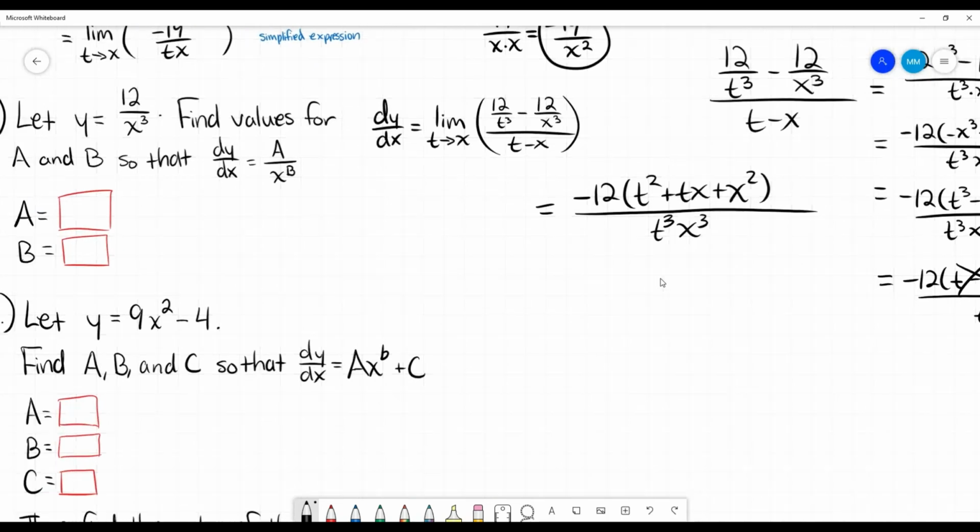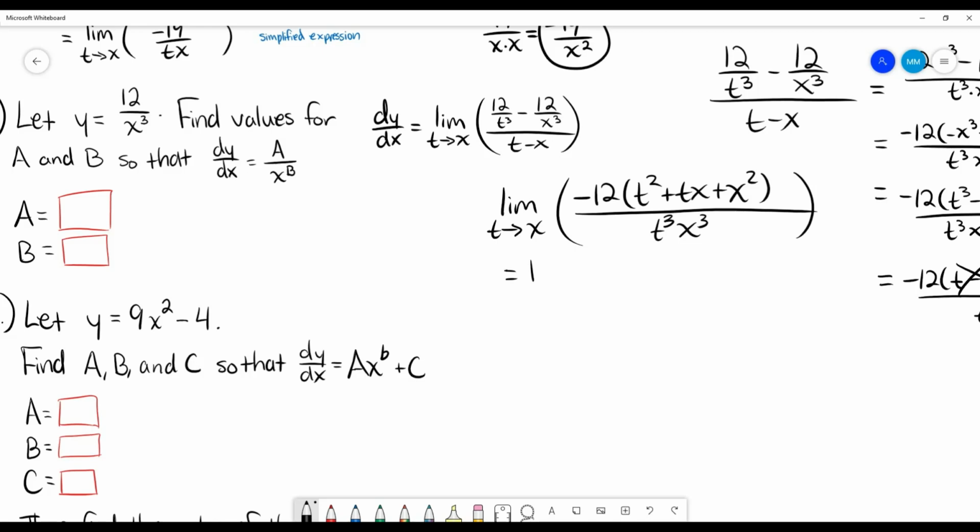And now, remember we want to put that limit back in front of it, so it's the limit as t approaches x of this, and so we just plug in our x wherever there's a t and combine like terms.